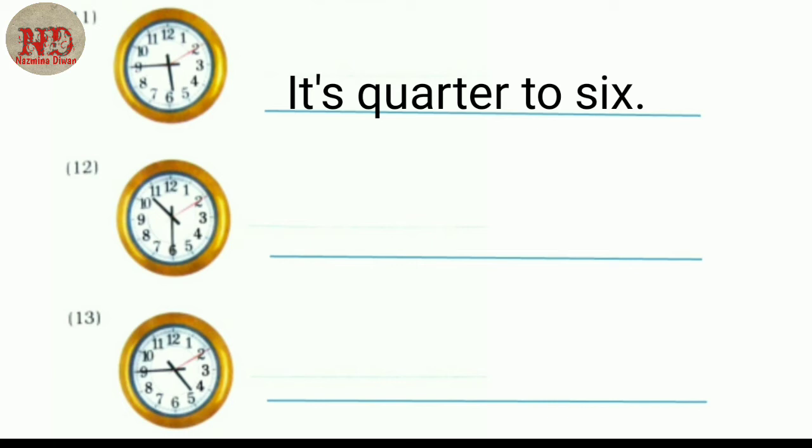Now next, in this clock, a short hand is between 10 and 11 and a long hand is at 6. So what time is it? Your answer is it's 10:30.